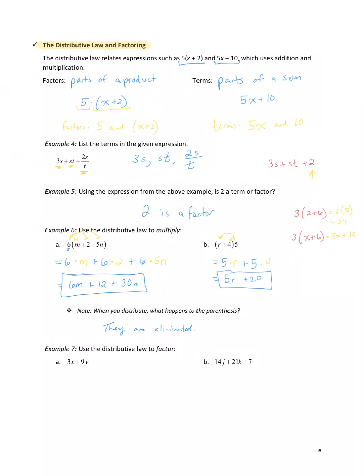Now, lastly, we are going to, in example 7, use the distributive law to factor. All we're doing is taking something that looks like our answers previously and now putting them in their original form. We are simply undoing the process we just did. So what we have to do is look at the 3x and the 9y and say, okay, what goes into both of those? And you might say, oh, a 3 does.